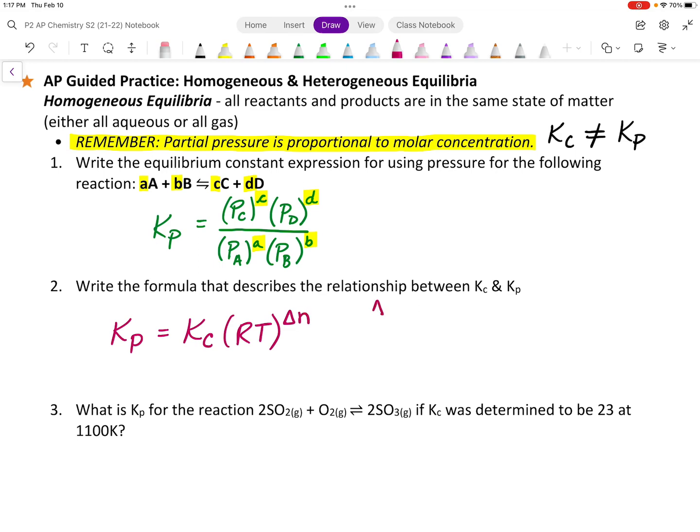So delta n is going to be the change in the moles of the gas, and so it's going to be moles of product minus moles of reactants.